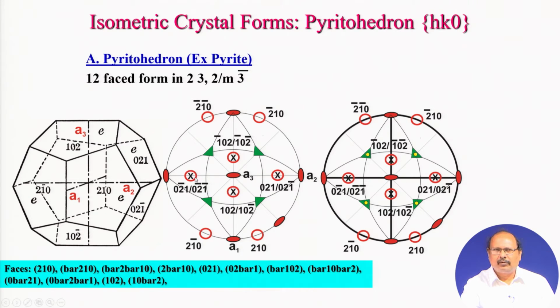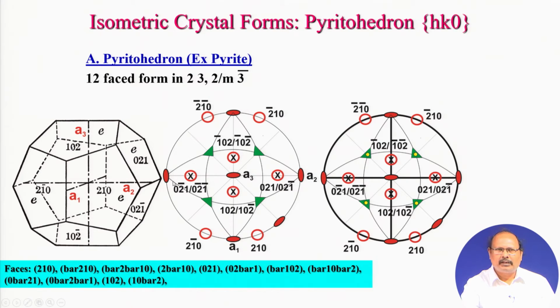In the same way, this cross, which intersects the negative direction of the A3 axis, after 180 degree rotation with respect to this vertical diad here, will be repeated in this particular place here, this cross here, which will represent 0 2 bar 1. Now, what does it mean here?